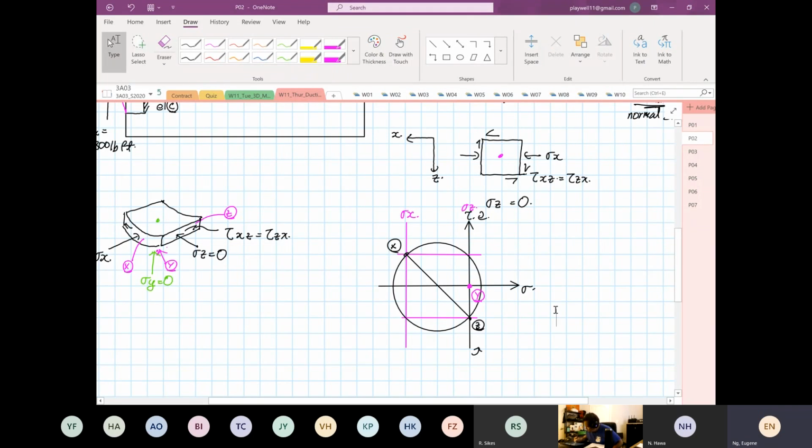So this corresponds to the circle for the XZ plane, right? And then we can construct another two circles. One over here, and one over here.